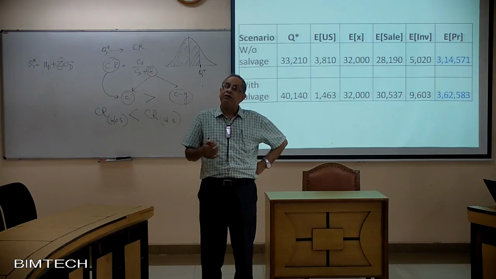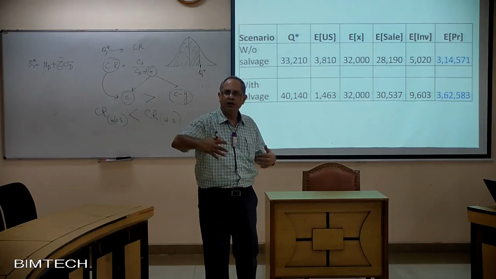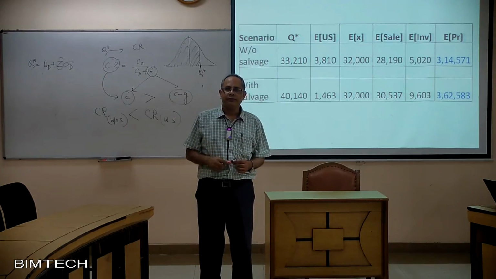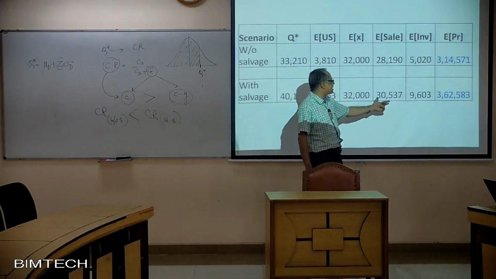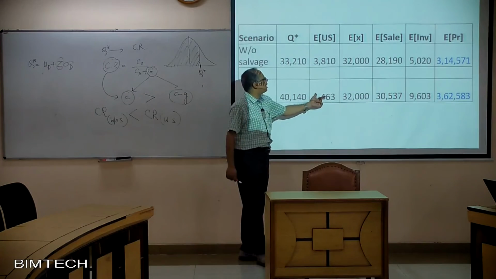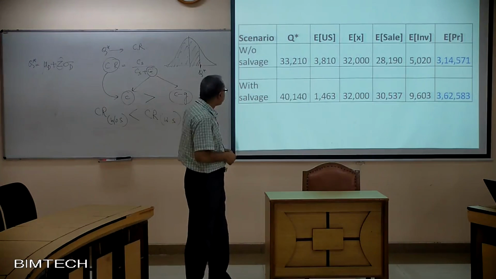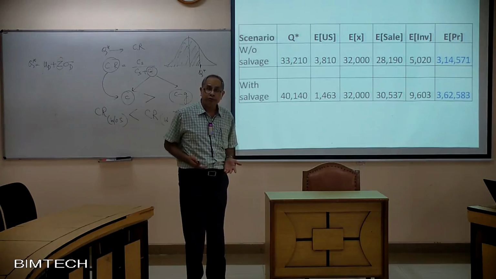And because I'm able to recover something from my excess inventory, I might go a little more excess. And therefore, my order quantity increases, my sale increases, and my unit shortage goes down because I'm able to sell more. Okay.